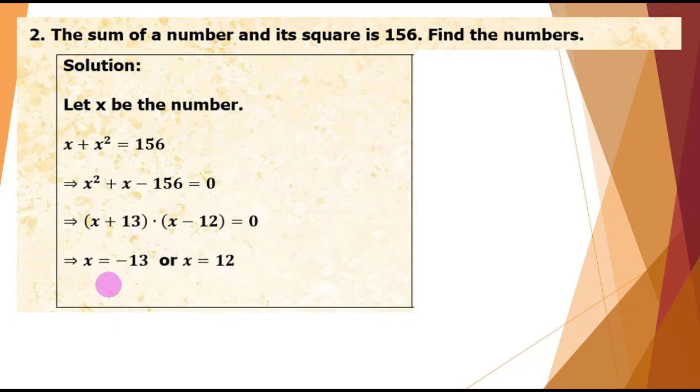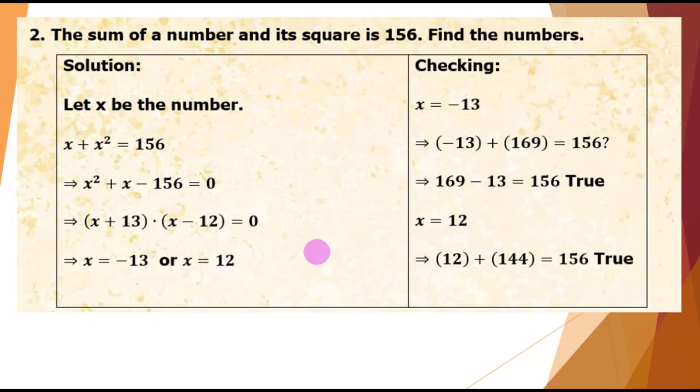So we have values of x equals negative 13 or x equals 12. Checking, let's consider x equals negative 13. Now negative 13 plus the square of negative 13, which is 169. Is it equal to 156? Yes, it's true here. 169 minus 13 equals 156.